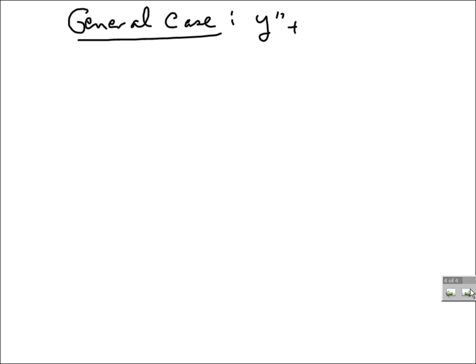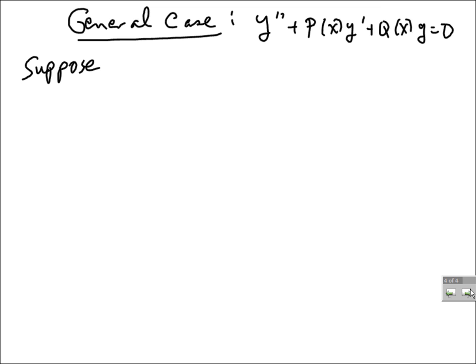Now, let's talk about the general case. You have y double prime plus a function of x times y prime plus a function of x times y equals 0. Now, I'm going to derive the general solution to this, and then life will be sweet.